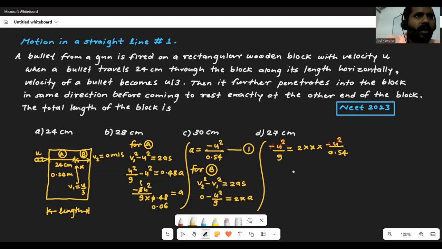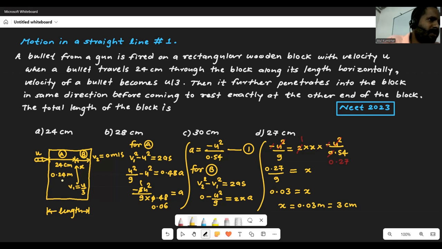So what we will have is x equal to 0.27 divided by 9, which gives 0.03. So x will be 0.03 meter, which is equal to 3 centimeter.